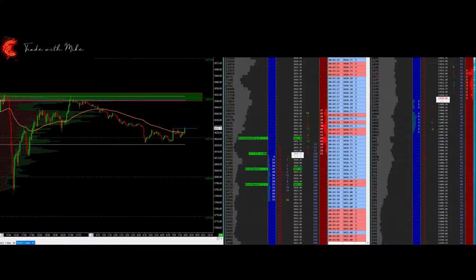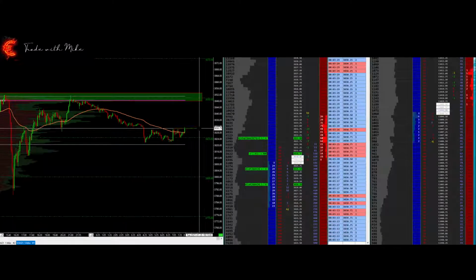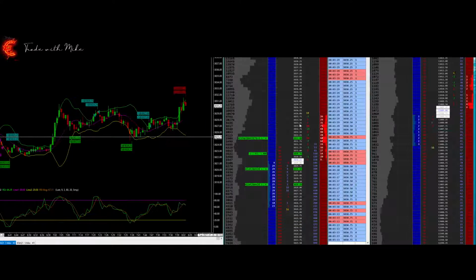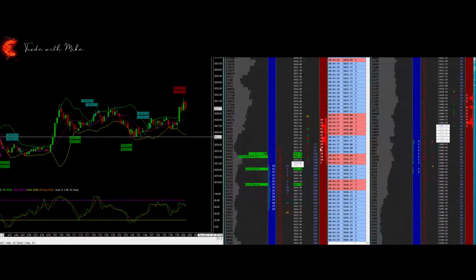So I took a short at 75, which is exactly here. Because it's a bit risky, I'll just move my stop loss here.